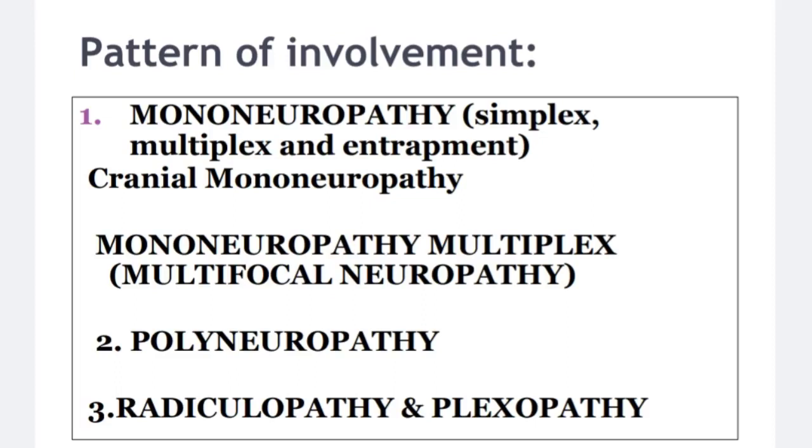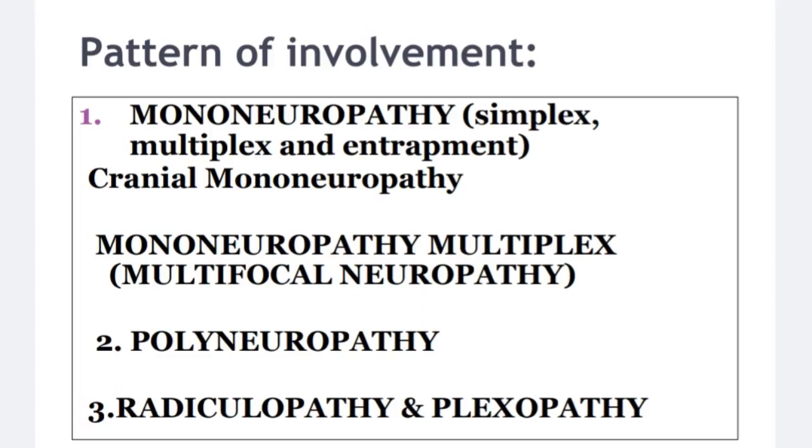Cranial mononeuropathy is a neuropathy affecting individual cranial nerves and is a large subject dealt with separately. Facial, oculomotor, and abducens constitute the great majority of cranial nerves involved. Mononeuropathy multiplex refers to multifocal neuropathy.